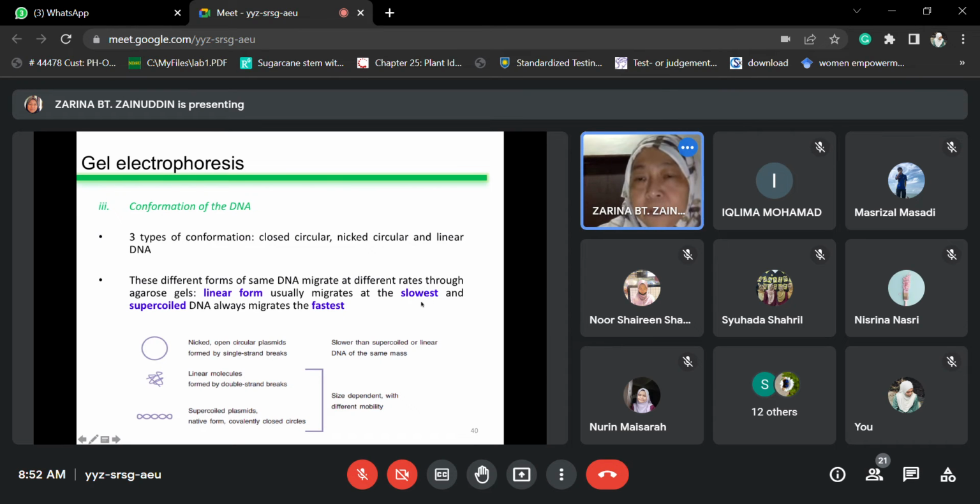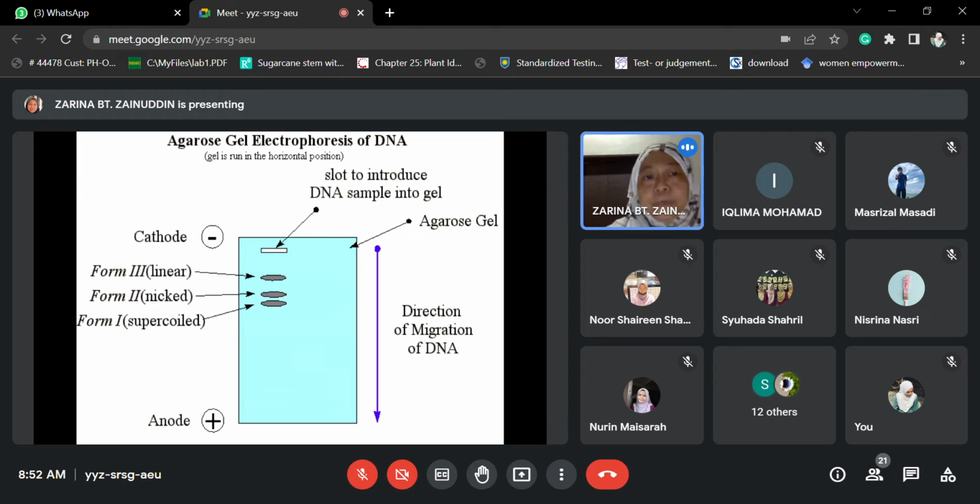You know kenapa? Because dia punya surface area lagi banyak. While supercoil will migrate the fastest. So bila you run gel, you akan nampak macam ni lah. The migration of DNA, kalau dia ada tiga form, supercoil akan bergerak paling bawah, linear macam ni. With the same size but different conformation.